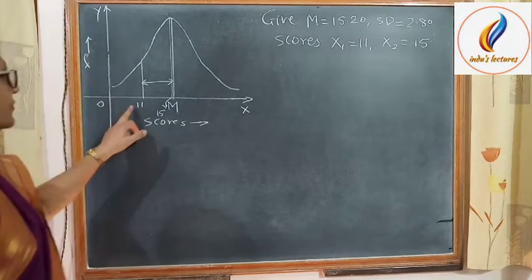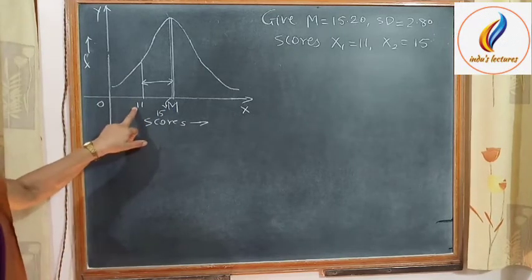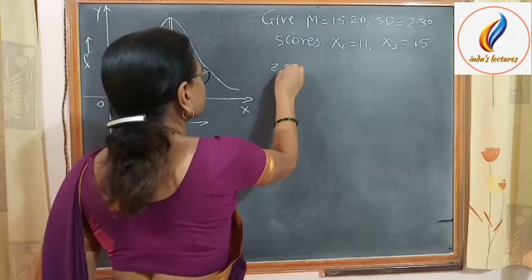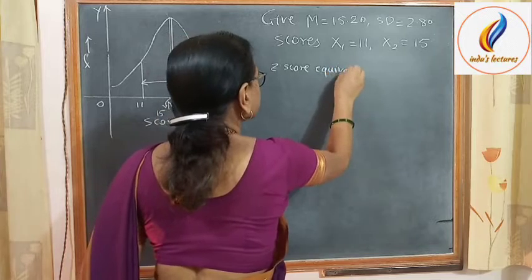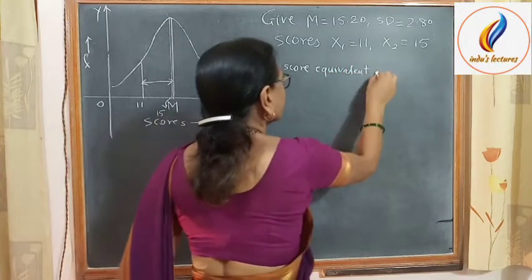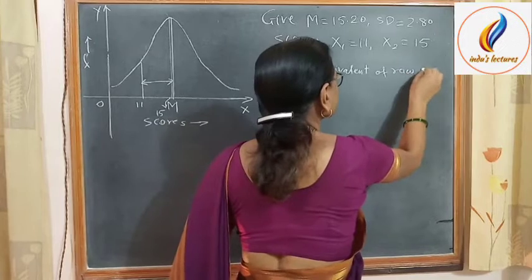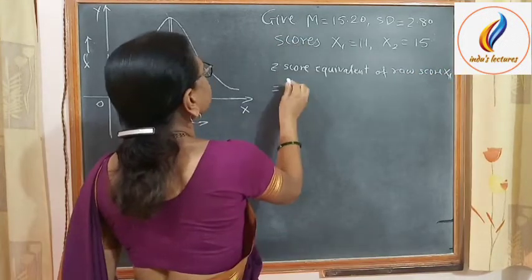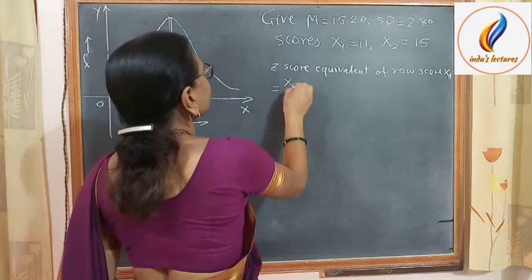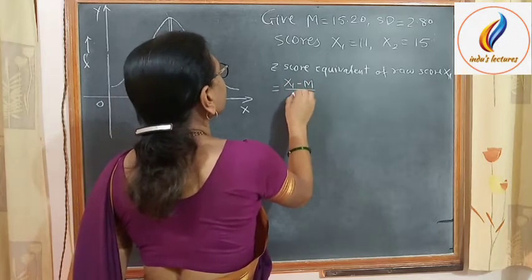Now we first find the z score of raw score 11. The z score equivalent to raw score x1 is equal to (x1 minus M) upon SD.